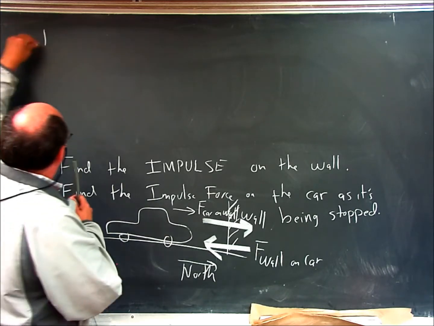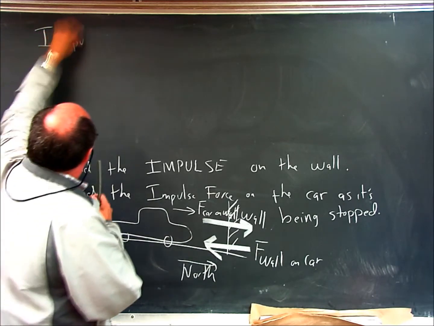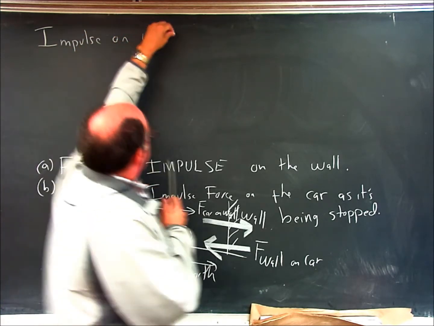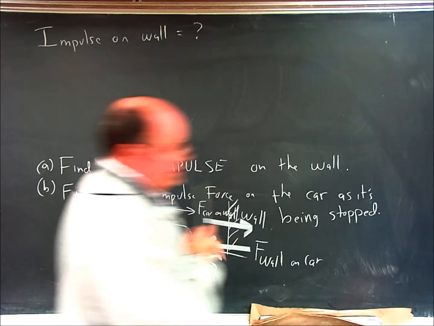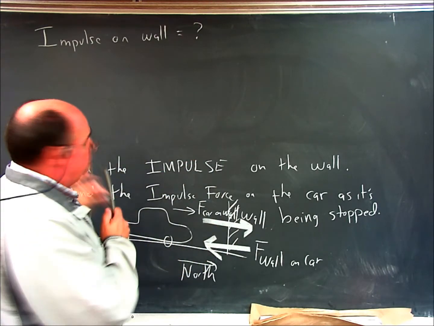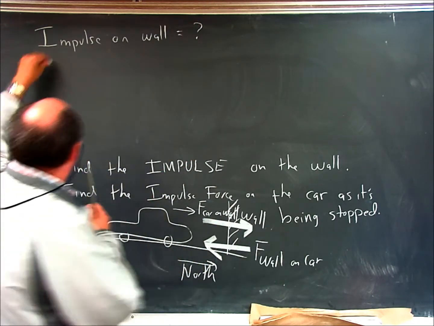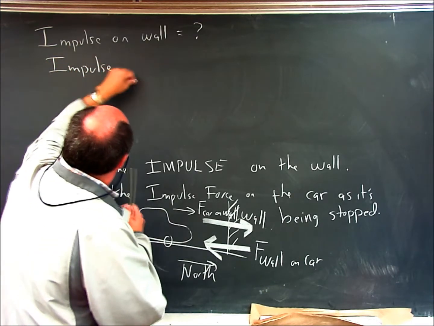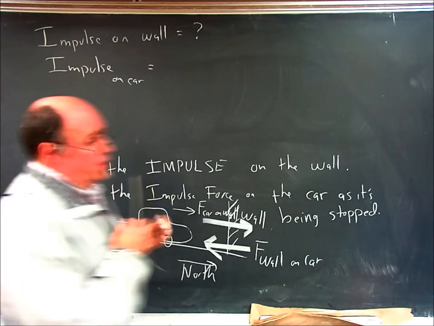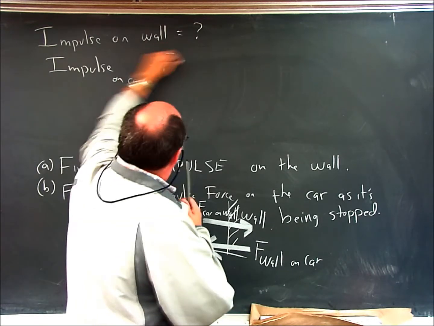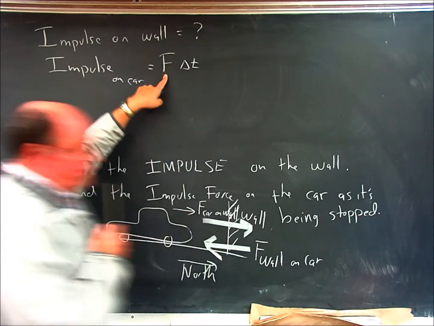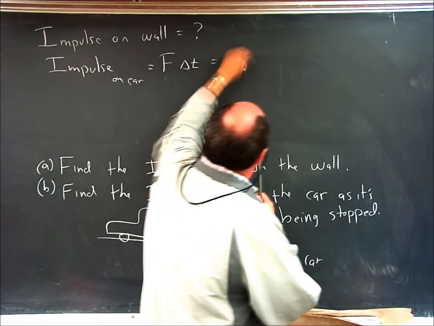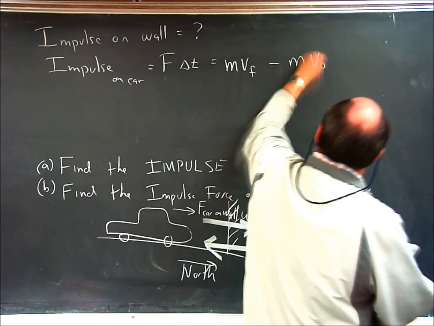So the question is, find the impulse on the wall. And I just said I can't, but what I can do is find the impulse on the car. So the impulse on the car should equal, well, the impulse is a formula. It's either F times delta T. Now, I don't know what the F is, so I can't figure it out this way, but I can say mv final minus mv initial.